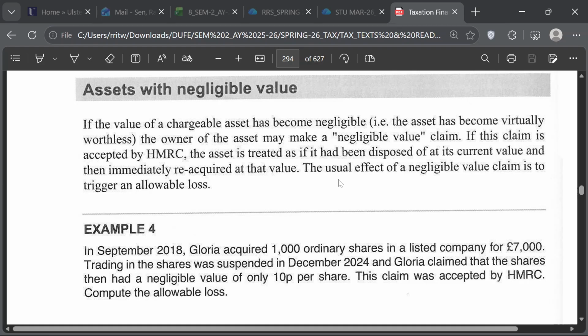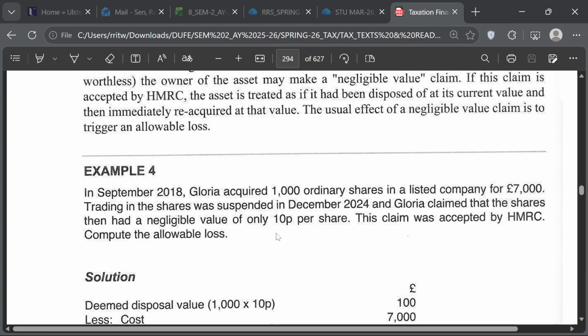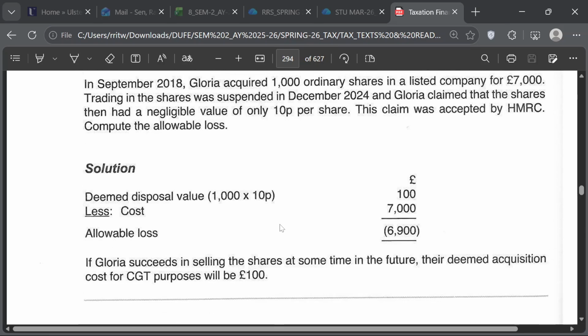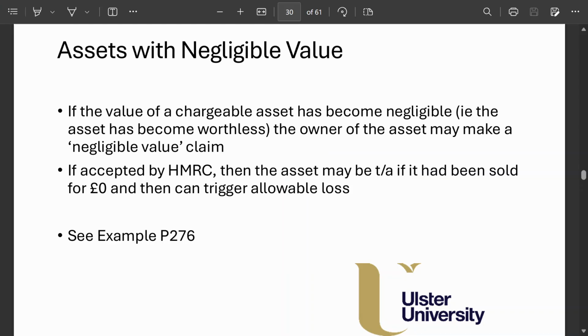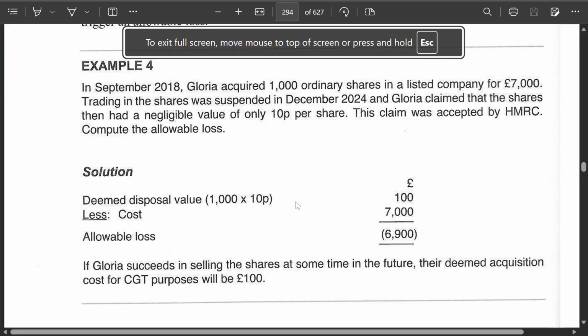Then what we assume is that it has been disposed of at its current negligible value and reacquired at that current negligible value. So you will initially trigger an allowable loss, but later on if you sell that asset, here's the example. I'm not sure if this is very important, but since it's been mentioned in the slides, we have to assume it's important. We have to know this rule.